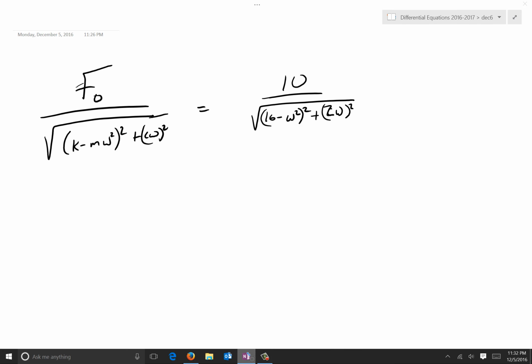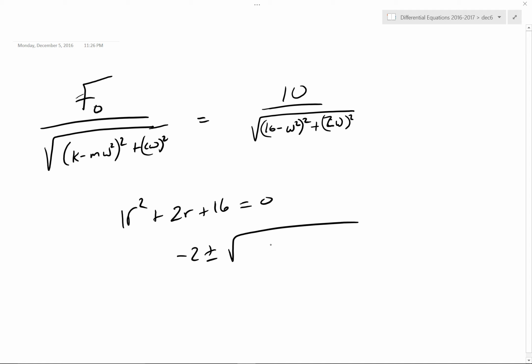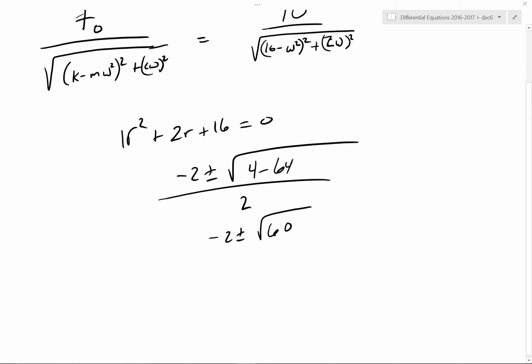0.625. So let's go back to our thing, and we said it was r squared plus 2r plus 16 equal to a goose egg. So -2 plus or minus the square root of 4 minus 4ac, which is 64, all over 2a, which is 2, so it's -2 plus or minus the square root of 60 over 2, which is -2 plus or minus 2 root 15 over 2.